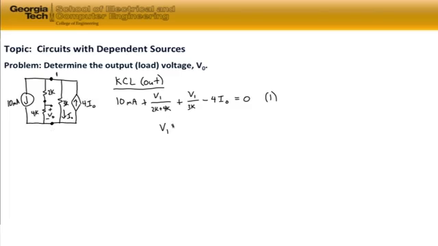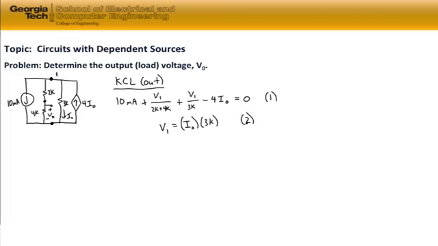So V sub 1 is equal to I sub 0 times 3 kilo ohms. So that gives us our second equation, which is independent of the first equation. So we have two equations and we have two unknowns.